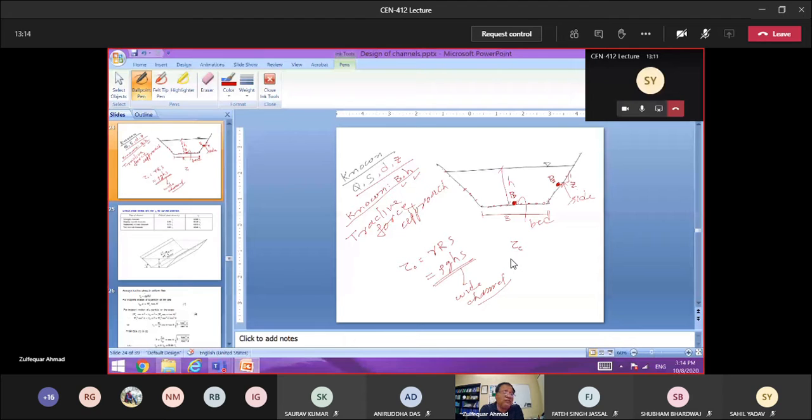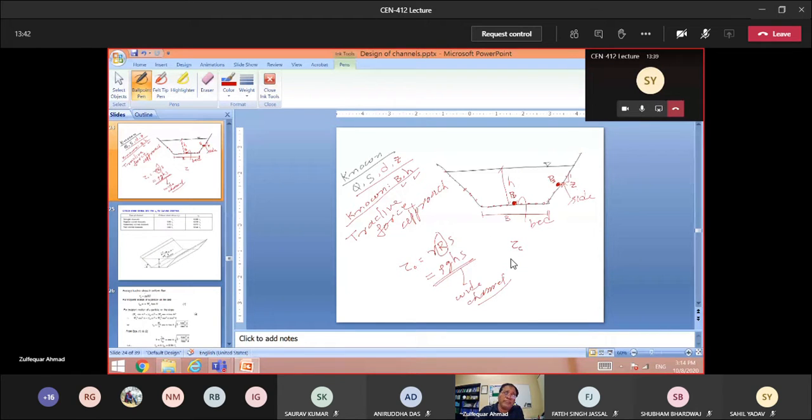Or if you have a channel and want to know whether this channel is stable or not, in that case R is known, and you can check whether this channel is under the stable condition or not, okay? But from the design consideration, the value of R is to be fixed in such a way that the shear stress should be less than the critical shear stress.